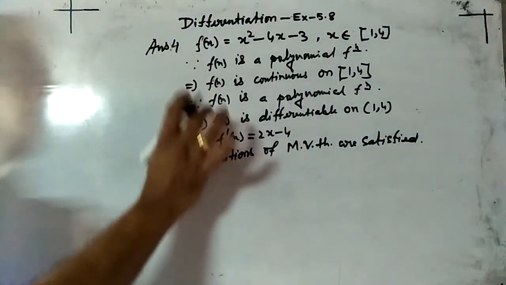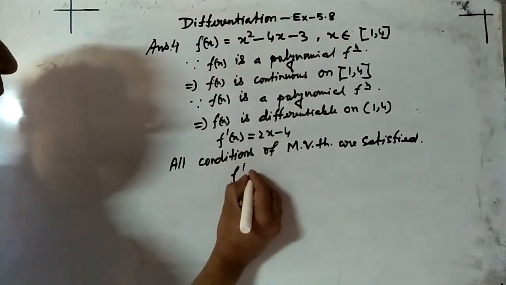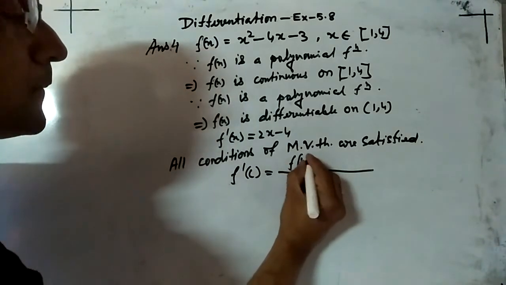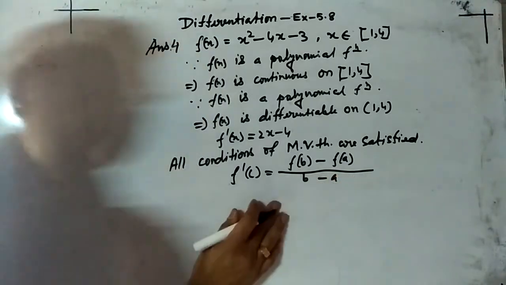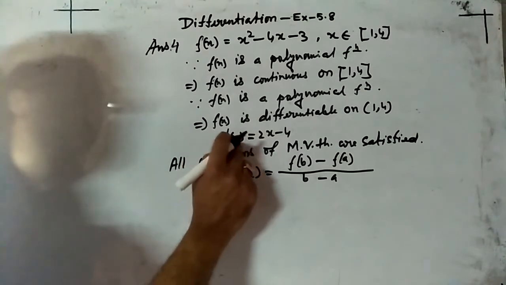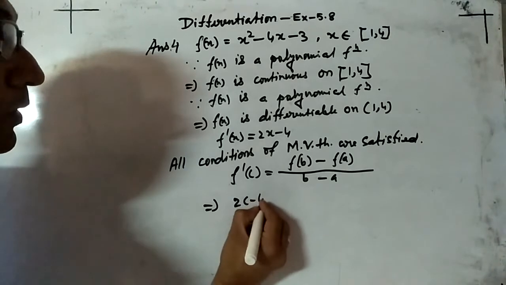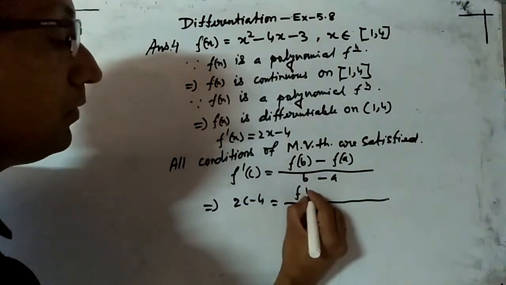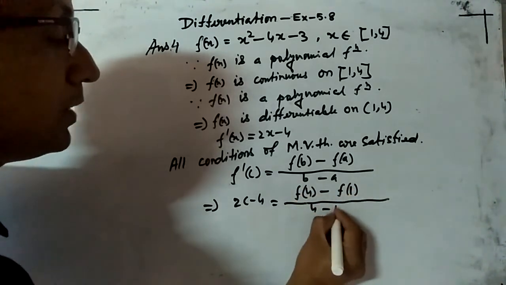If all conditions of the mean value theorem are satisfied, then we can write f dash c equals f(b) minus f(a) divided by b minus a. This was the mean value theorem. So f dash c, here f dash x is 2x minus 4, so f dash c is 2c minus 4, equals f(4) minus f(1) upon 4 minus 1.